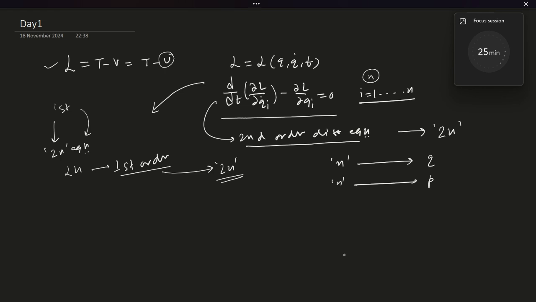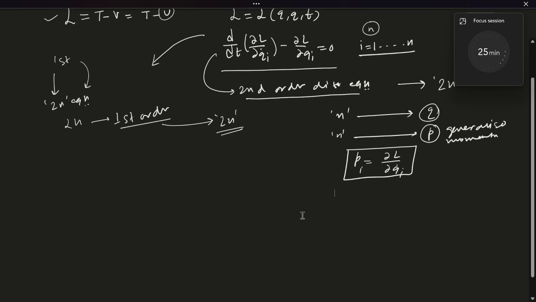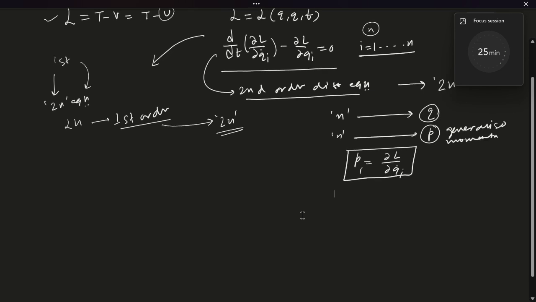That's another thing. p is known as the generalized momentum, or canonical momentum conjugate to q, and p_i equals ∂L/∂q_i dot. So we are going to a system where there are n differential equations of q and n differential equations of p.